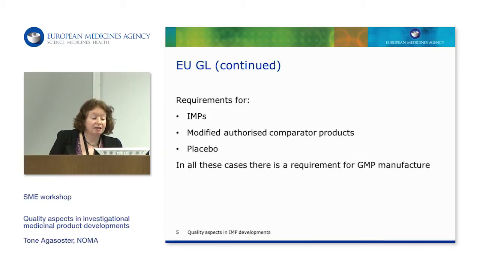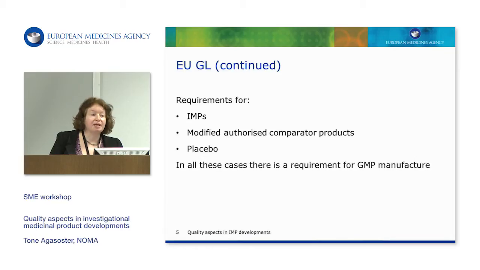The European guideline presents requirements for the investigative medicinal product itself, and also for modified authorized comparator products, and for placebo. For the modified products, this is relevant in most cases where you use blinding.